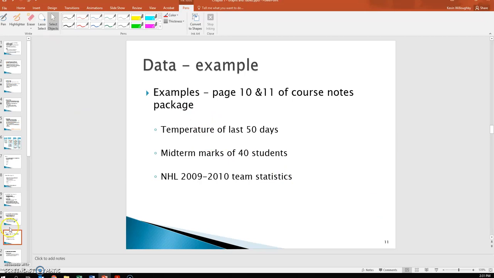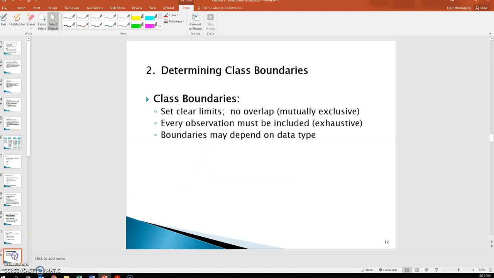So that's how we calculate the OOC number and OCW number. With the midterm marks, the log number is going to be different. It's going to be log 40. And with the NHL, there's 30 teams, so it's going to be log 30 instead of log 40 or log 50. The log numbers are mentioned in the course package.